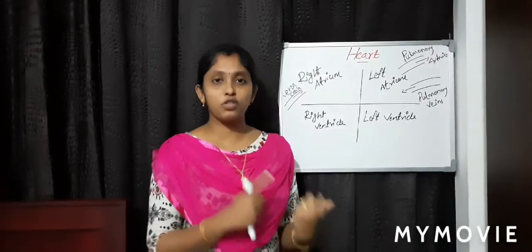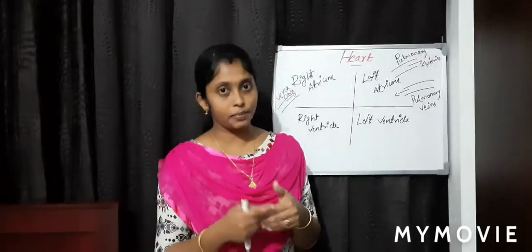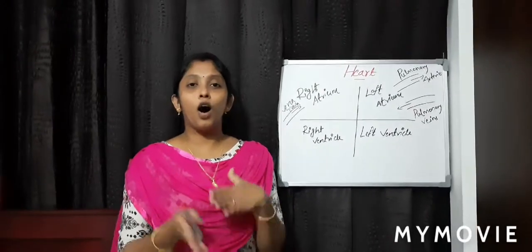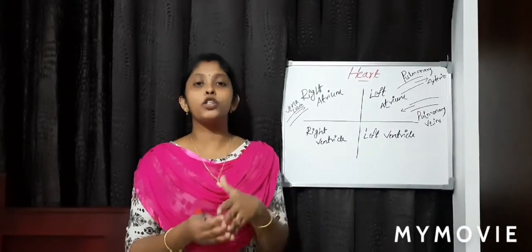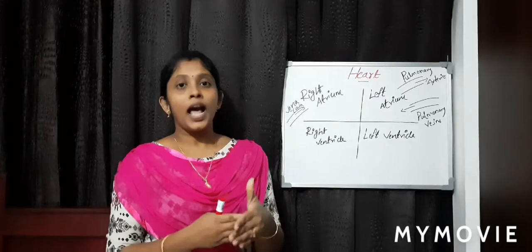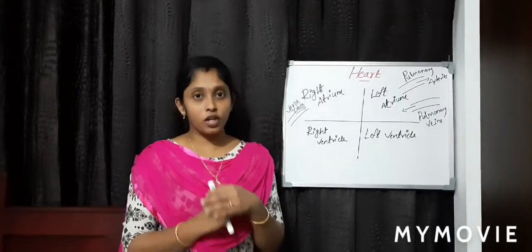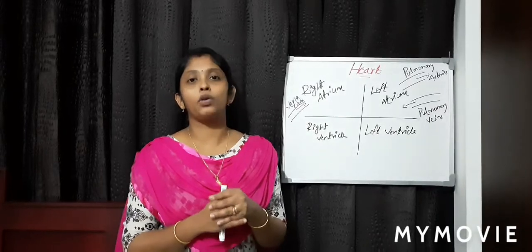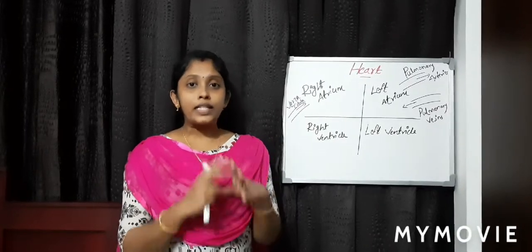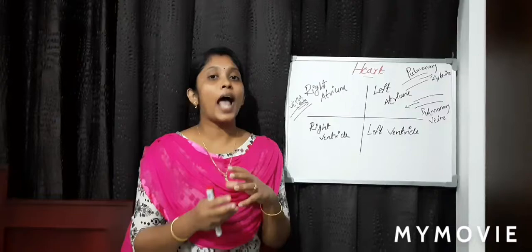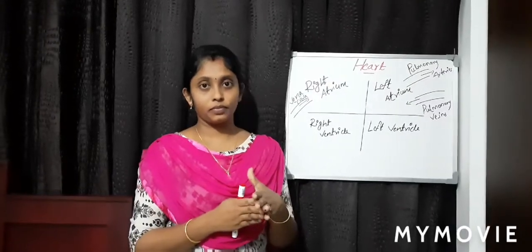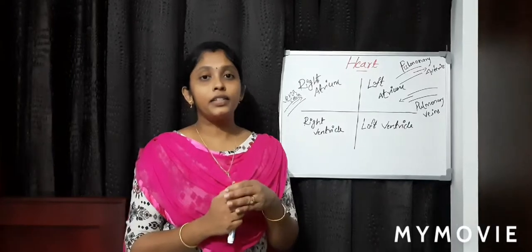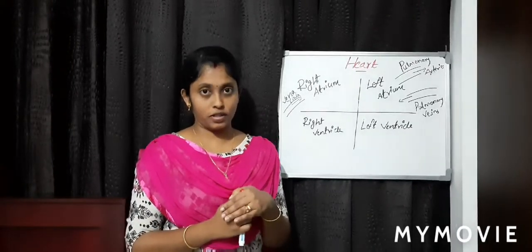The oxygenated blood goes back into the heart and is transported to the different parts of our body from our heart. This is the process that happens in our heart, and today we are going to study it in detail.